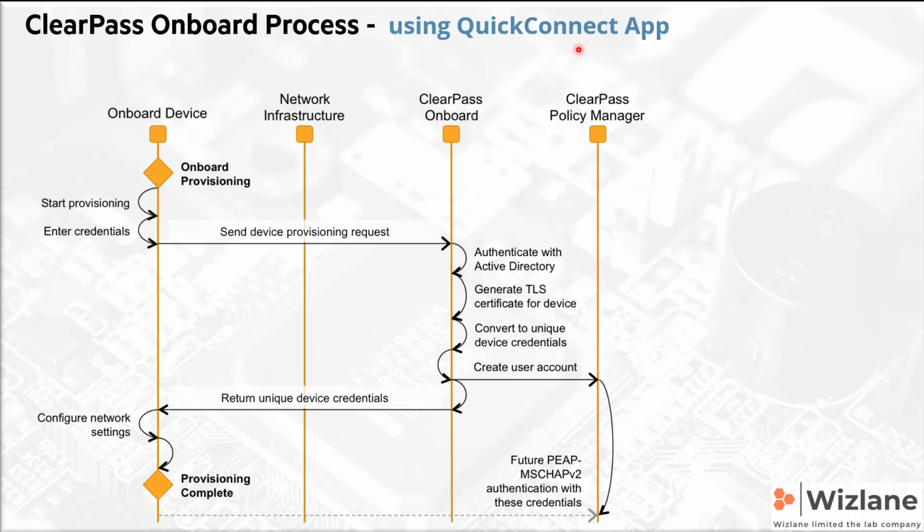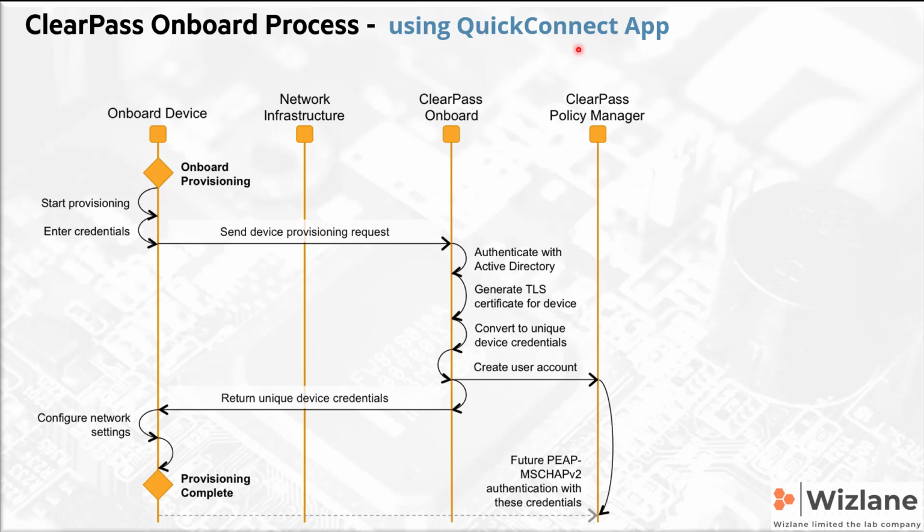But the eventual result for both of them is that Quick Connect is responsible to create a local profile on the machine that will be used for wireless communication for that SSID, and that profile dictates that we are going to use EAP-TLS for that process. So both of them are the same. Quick Connect is in charge of downloading and installing the root certificate as well as the machine certificate at the same time.